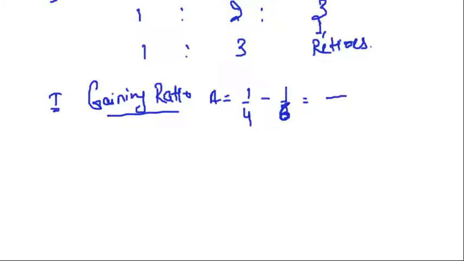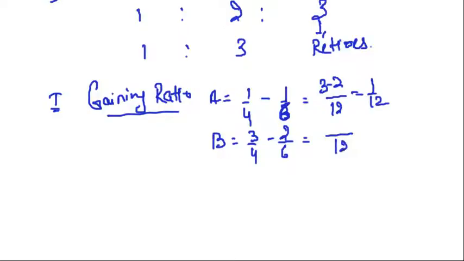So this comes to, taking the LCM 12, 3 minus 2, 1/12. And for B, what is the new share? 3/4. Old share 2/6. Again taking 12, 9 minus 4, this comes to 5/12.